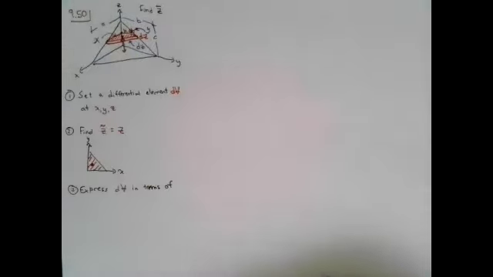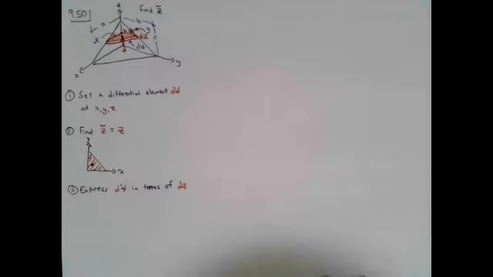So we're going to express our differential volume dv in terms of our differential dimension. In this case, our differential dimension, you can see here, is dz, because that's what we're going to integrate over. So let's see what that looks like.